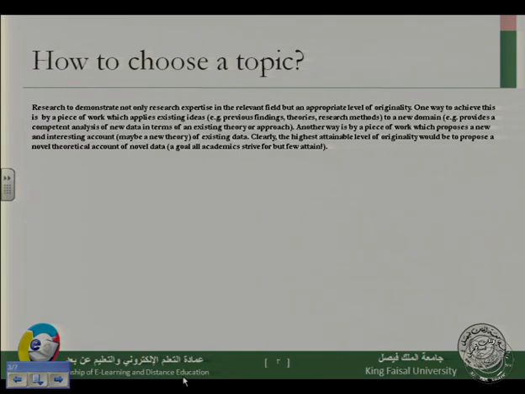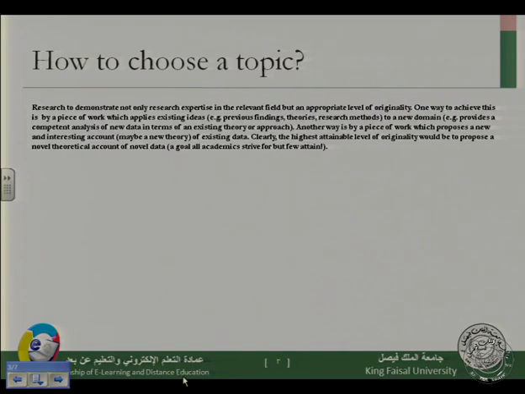What do all these sophisticated, complicated words mean? Well, it means that if you want to choose a topic, go to previous research, see where that research stopped, and continue from that research.